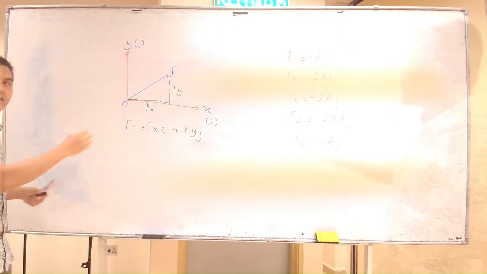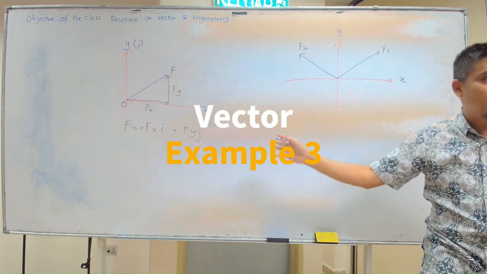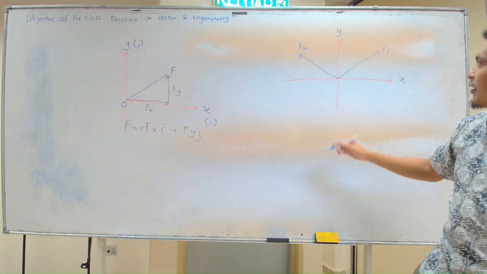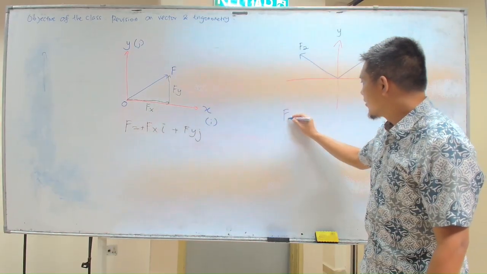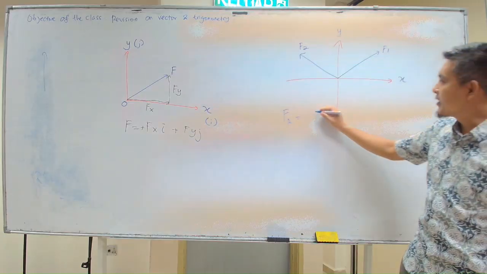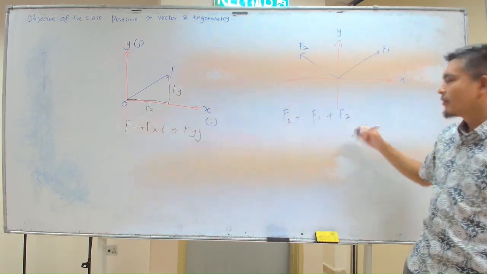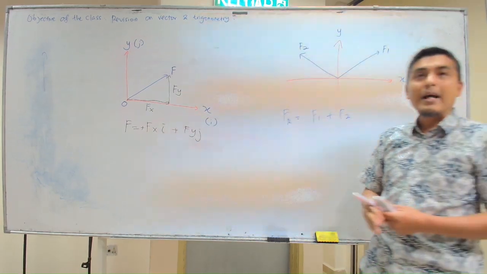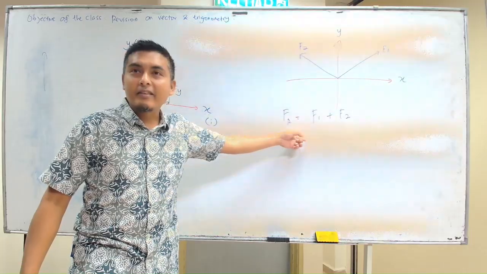So now we have two directions. The total of F, we name as Fr, is the combination of F1 plus F2. But is it in vectors yet?